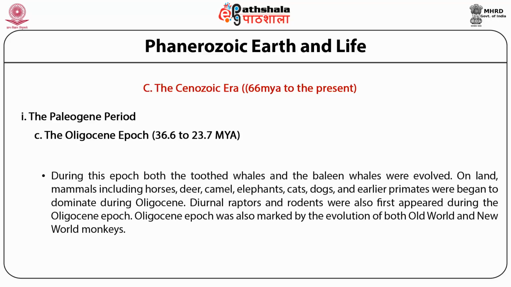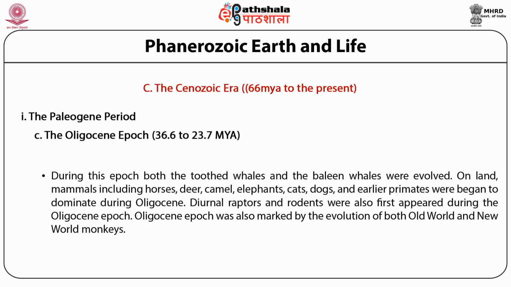During this epoch, both the toothed whale and the baleen whale evolved. On land, mammals like horses, deer, camels, elephants, cats, dogs, and earlier primates began to dominate during the Oligocene. The Oligocene epoch was also marked by the evolution of both Old World monkeys and New World monkeys.